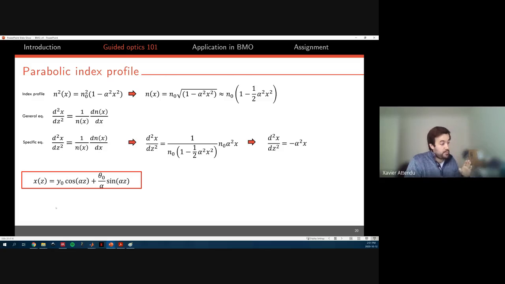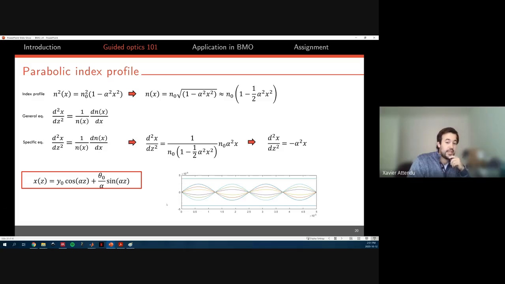I'm saying that the path of the light is sinusoidal, and it looks something like this. Assuming the ray enters in the middle, depending on the angle you're going to have a different amplitude, but it's always going to be a sinusoidal pattern, as you can see here.